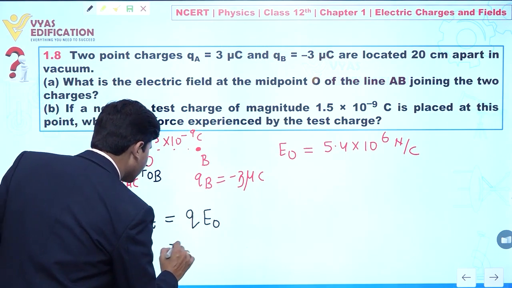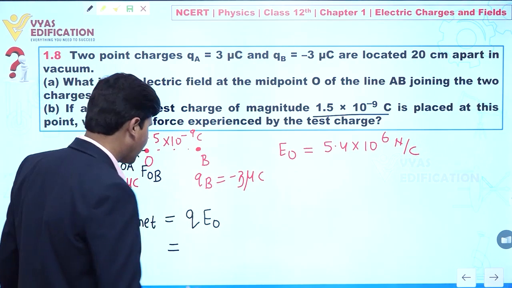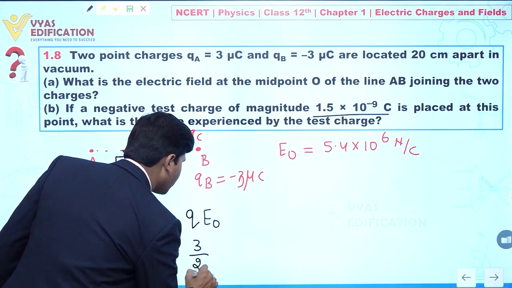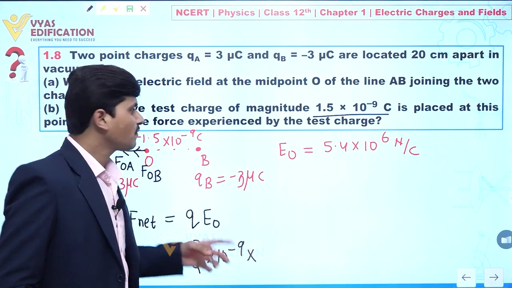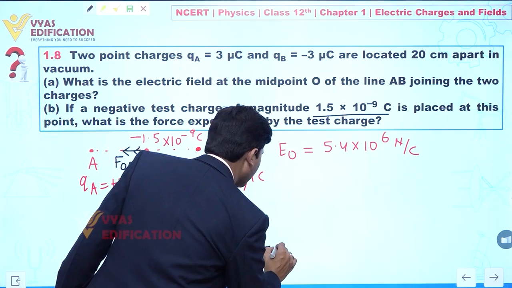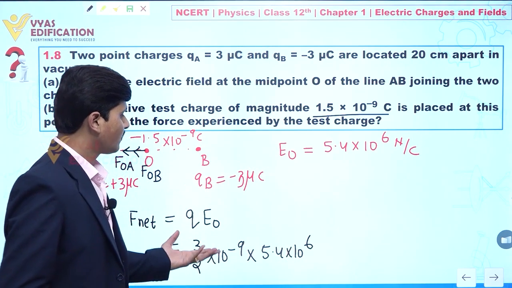So test charge value is given to you, 1.5 into 10 to the power minus 9. So we can write like this: 1.5 into 10 to the power minus 9 multiplied by value of electric field at O, this is 5.4 into 10 to the power 6. This is given to you.